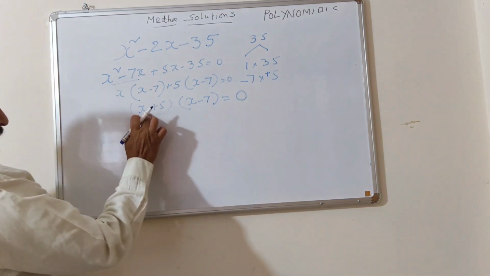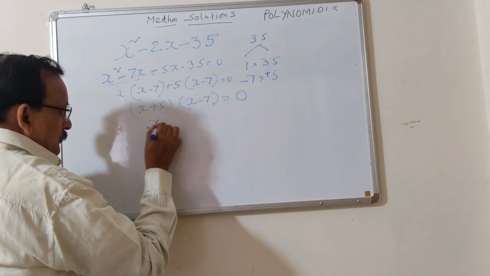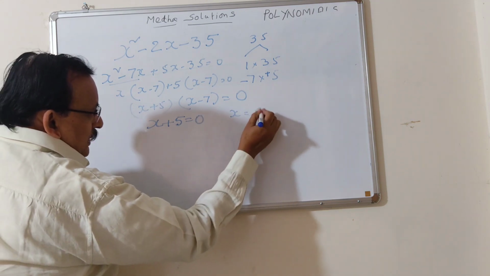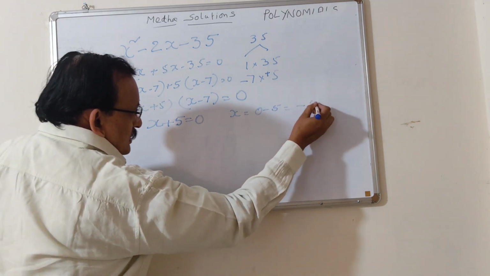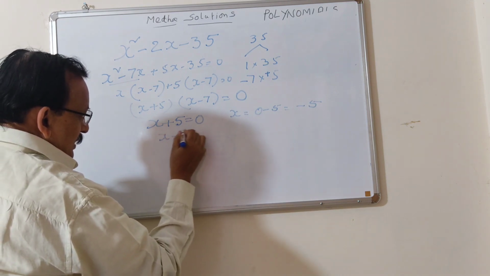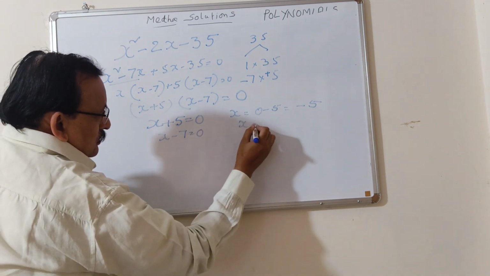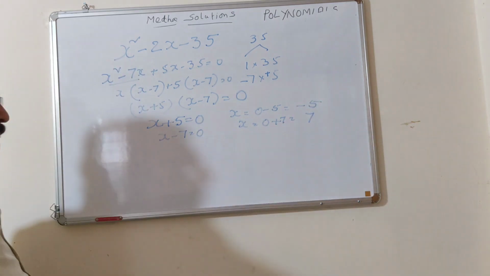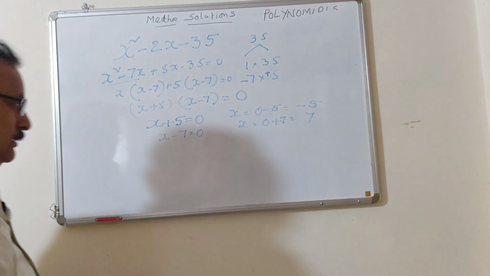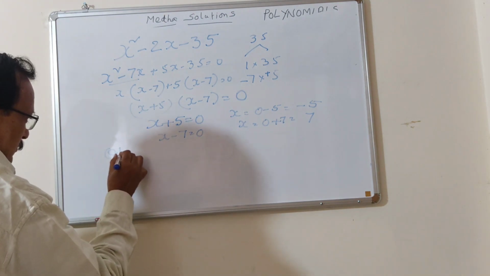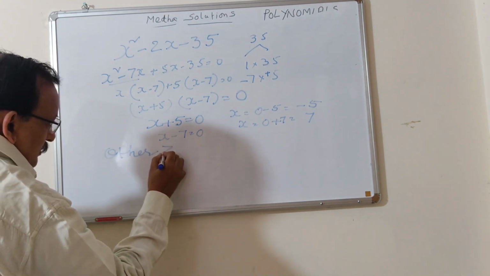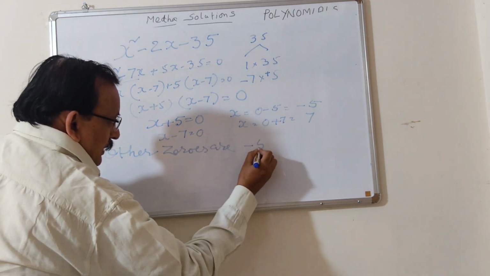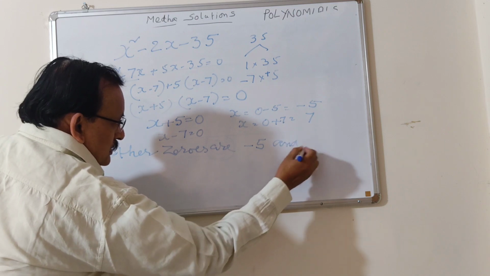Now take x plus 5 is equal to 0, x is equal to 0 minus 5, which is minus 5. x minus 7 is equal to 0, x is equal to 0 plus 7, that is equal to 7. The zeros are minus 5 and 7. You write the statement: zeros are minus 5 and 7.